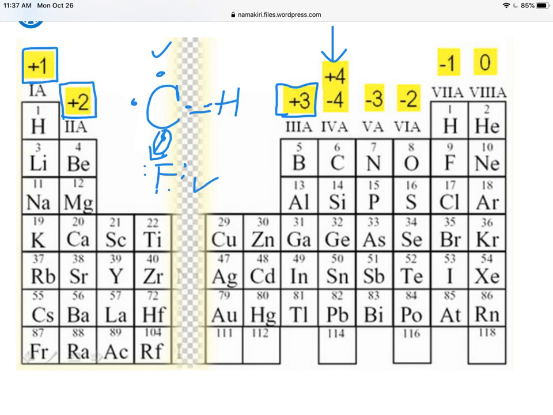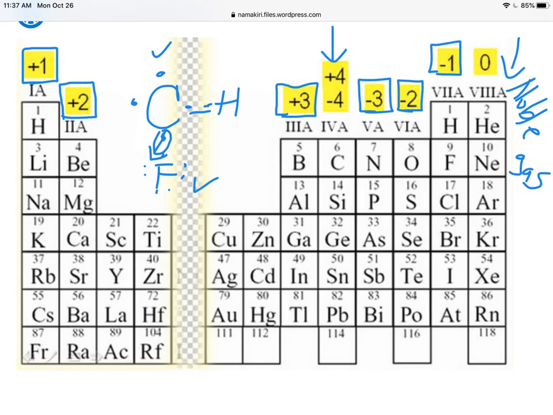Now the nitrogen family has a -3 charge, your oxygen family has a -2 charge, and your halogens have a -1 charge. Now remember, this last group are your noble gases. And your noble gases already have all 8 valence electrons, so they're not going to want to share or transfer with anyone.